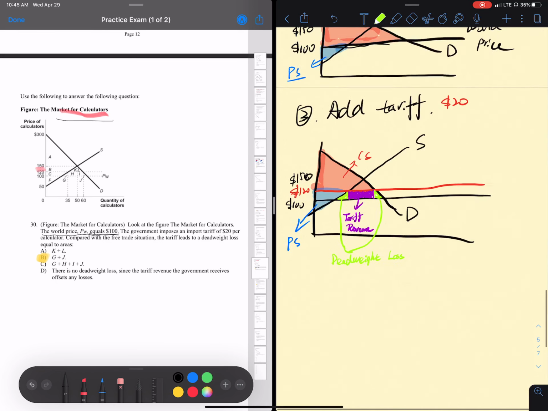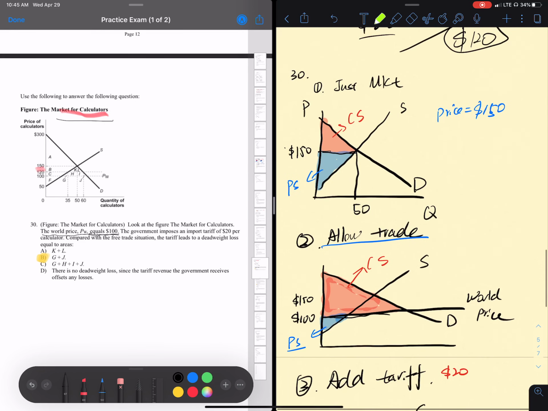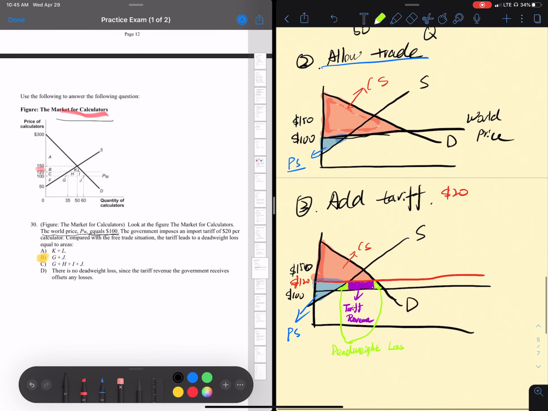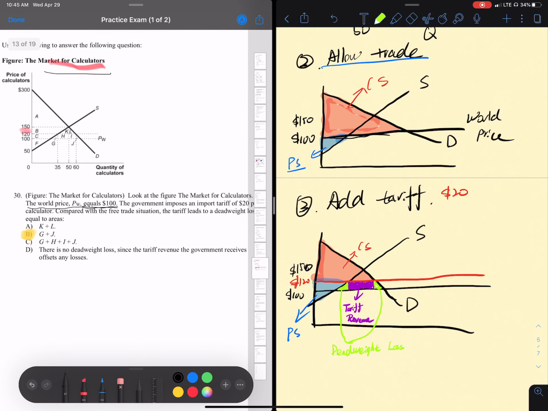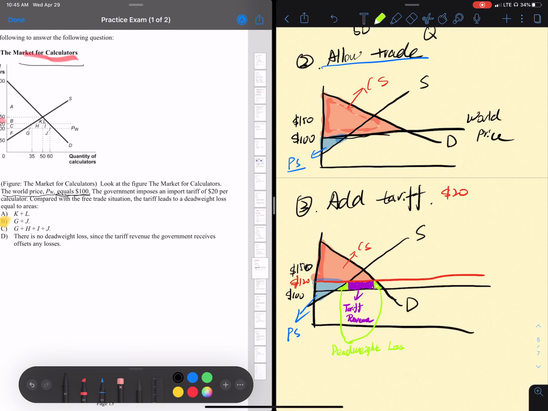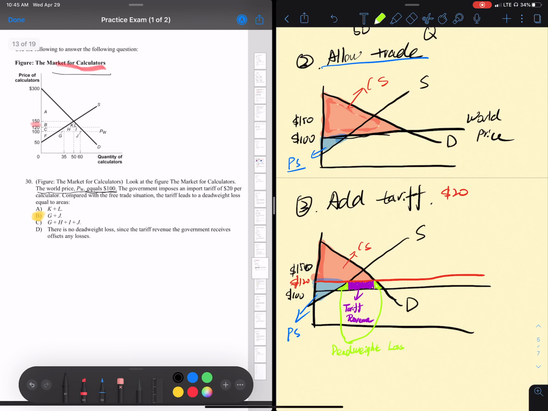So this is the explanation for all the graph here, and then we go back to the question. The government imposed a $20 tariff, and compared with the free trade situation, the tariff leads to a deadweight loss equal to. So they are only asking about the deadweight loss.